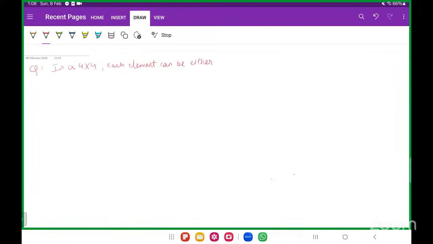How many matrices can be formed such that every row and every column has an even number of ones?